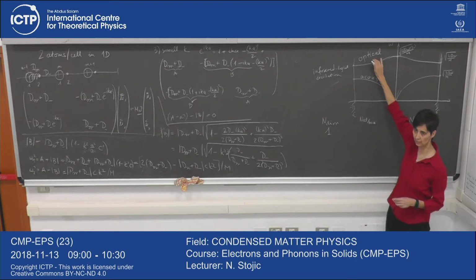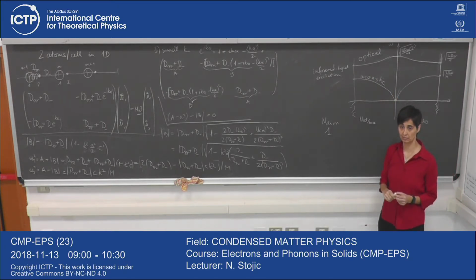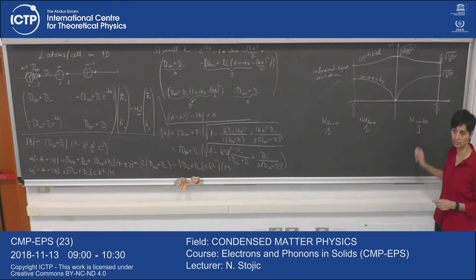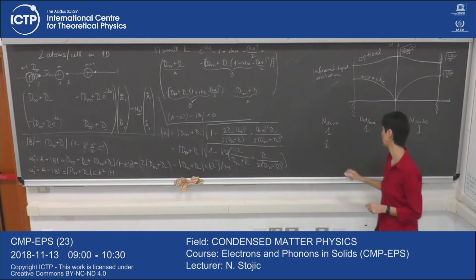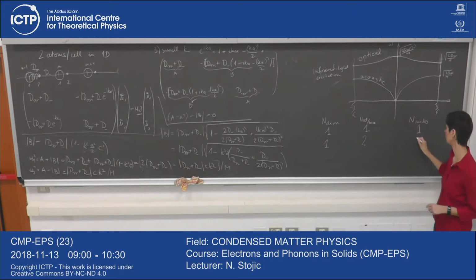So I will come yet still to optical a bit. We derived yesterday a case of monatomic linear chain. Dimension is 1, and 1 atom in base. And we got 1 mode. Today we are still in 1 dimension, but we have 2 atoms in base, and we get 2 modes.